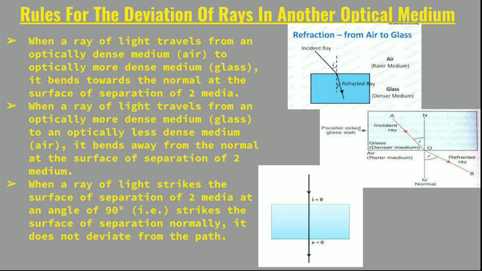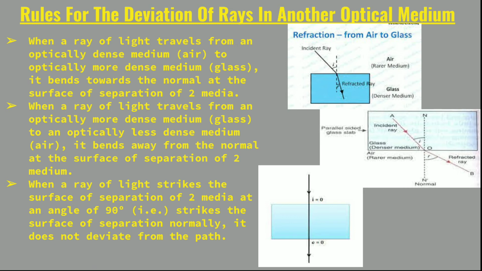Next, we come to the rules of the deviation of rays in another optical medium. There are certain rules for what happens when light passes from one medium to another medium, and how much it deviates.